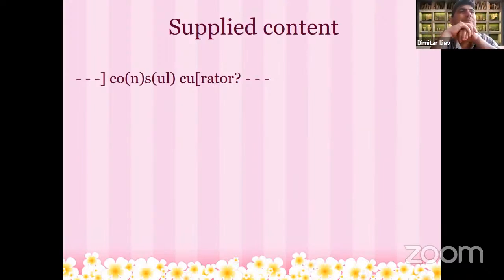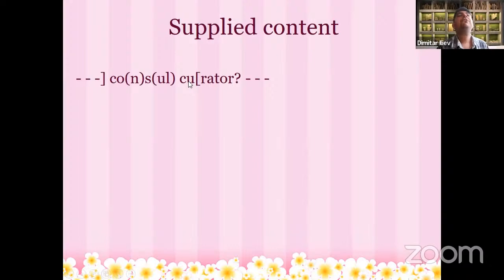We here expand the abbreviation in the way that we showed yesterday. But then we have something starting with ku, and we are not sure if this is a word which has to be supplied as curator or something else, but we believe that it might have been something like curator, because obviously we have other instances of such usage which were identical.